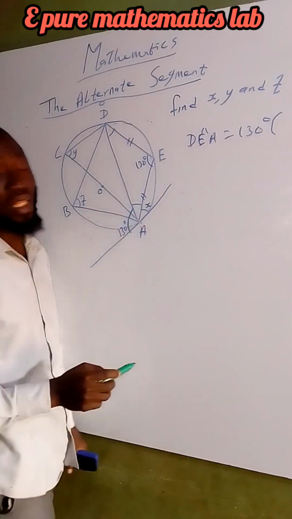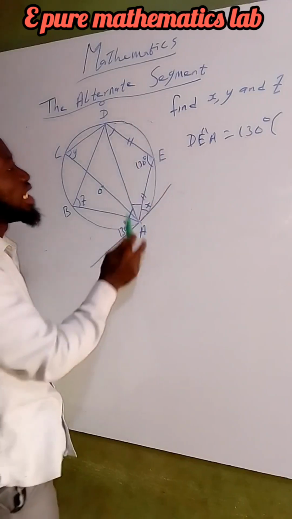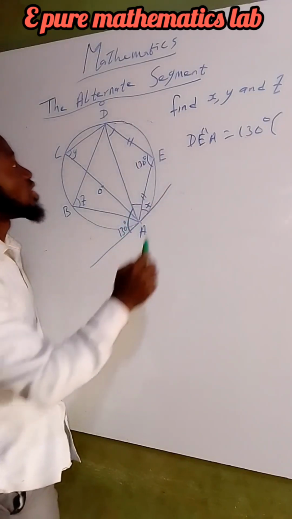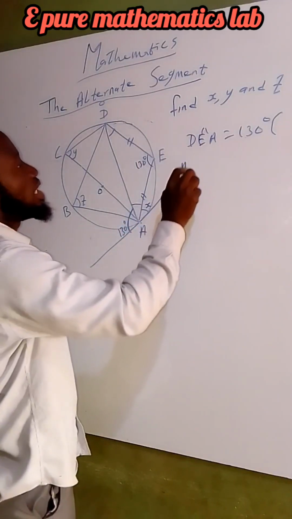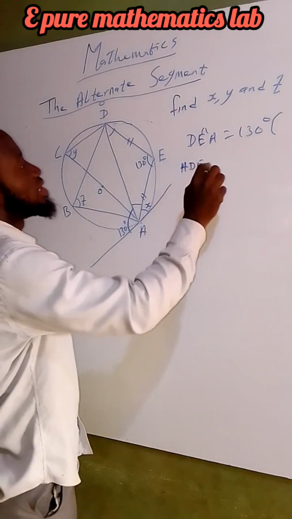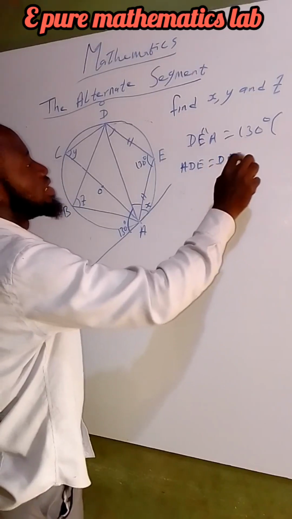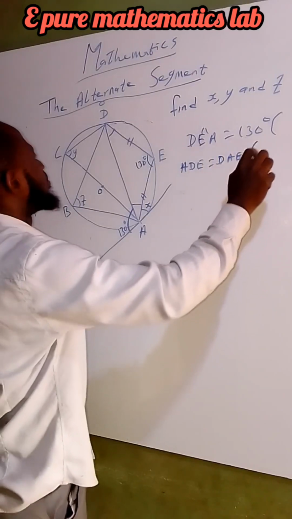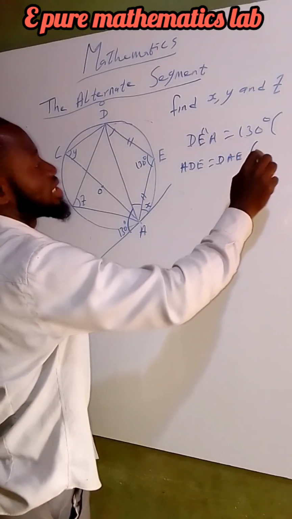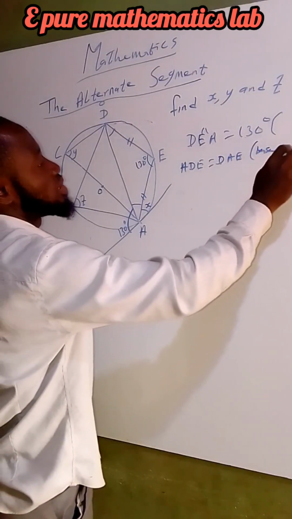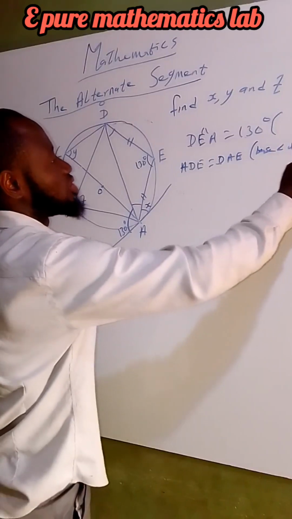That is because DEA is an isosceles triangle. So ADE is equal to DAE, which is the base angles of an isosceles triangle.